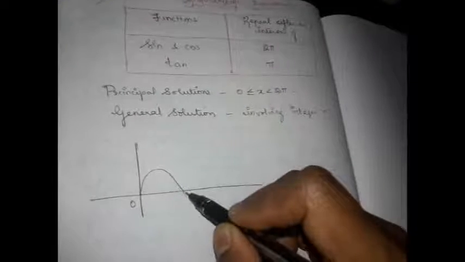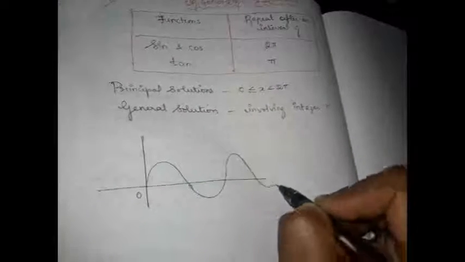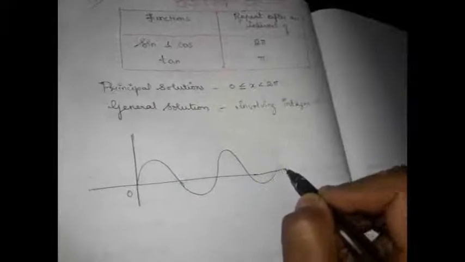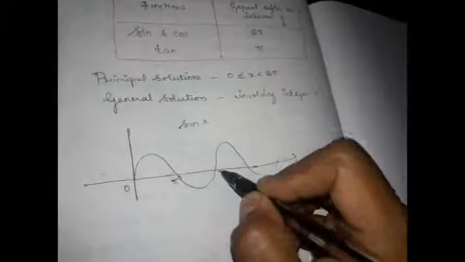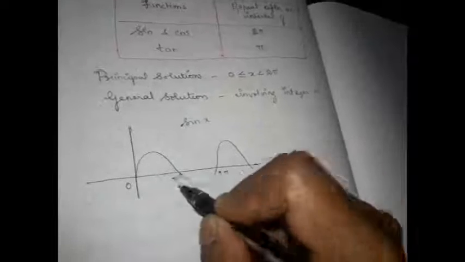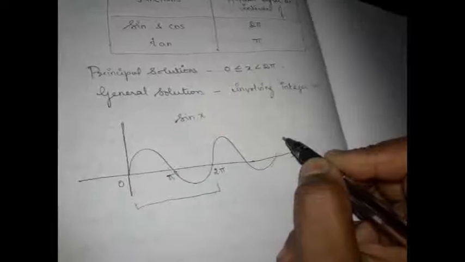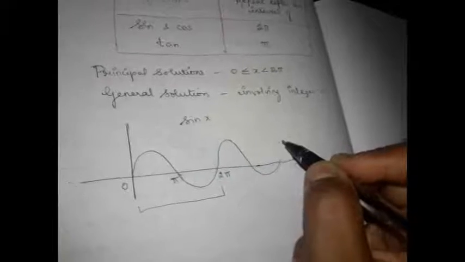Now let us see one example. How will the graph of the sine function, the sin x graph, look? The graph of sin x is going to be like this, right? We know this is pi and this is 2 pi, and after every interval of 2 pi the value repeats, right?